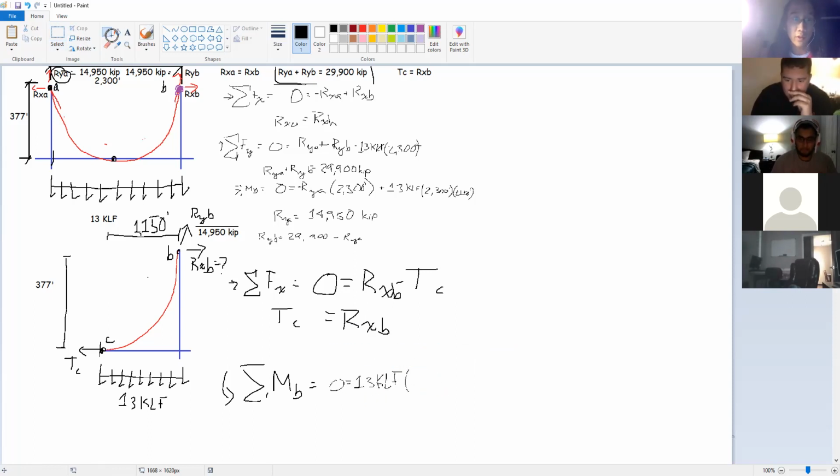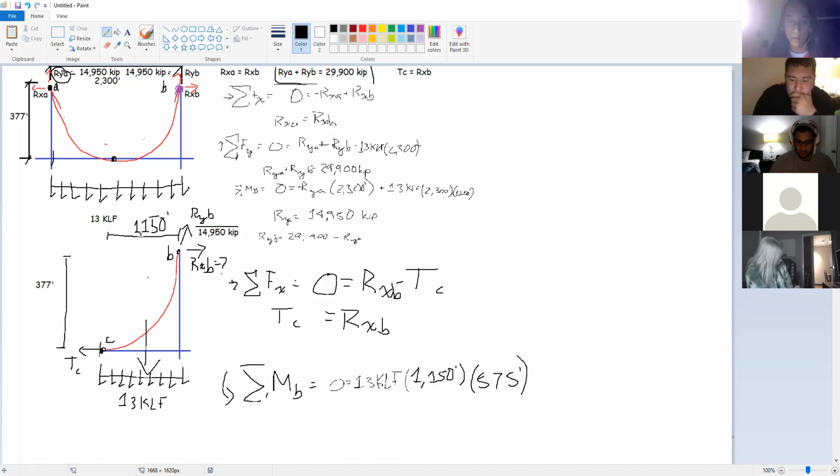So 13 KLF times 1,150 feet. So now we have the total force. Now we need another distance, defining how far it is away from B. Half of this, because that is the average force vector. So it's just 575 feet.